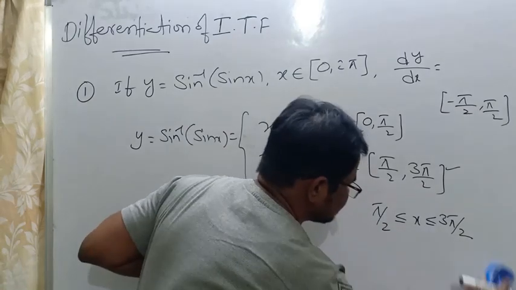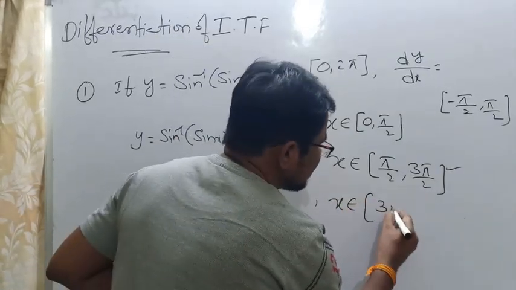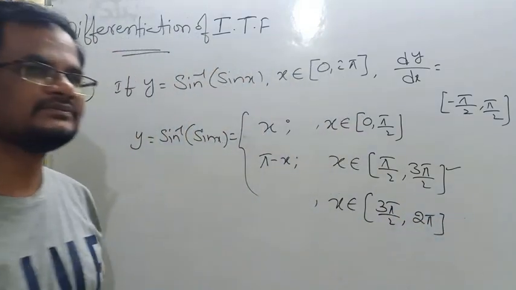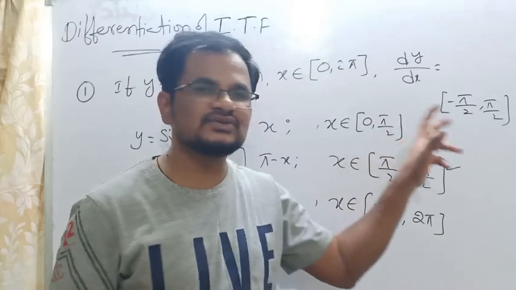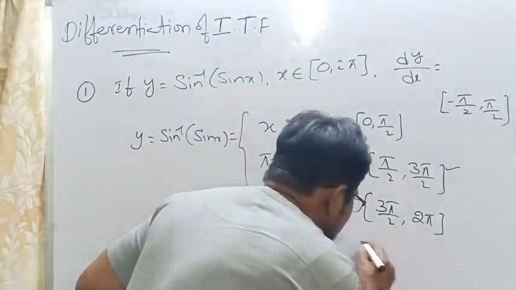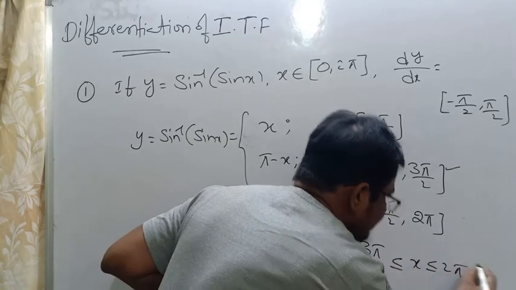Next, if x belongs to 3 pi by 2 to 2 pi, this also does not belong to the range of sine inverse x. So we have to convert this interval also.